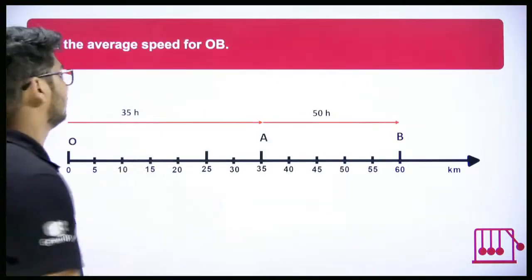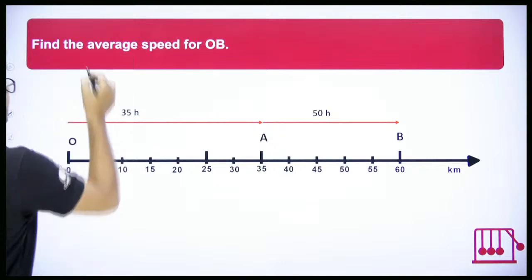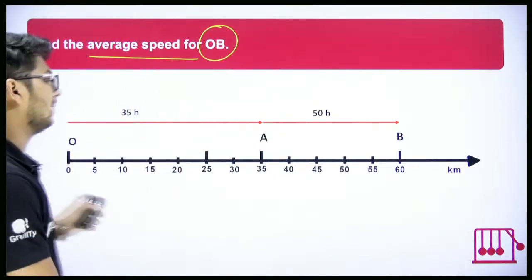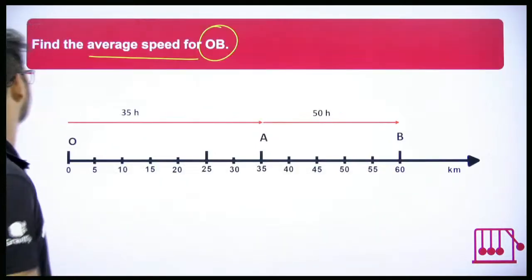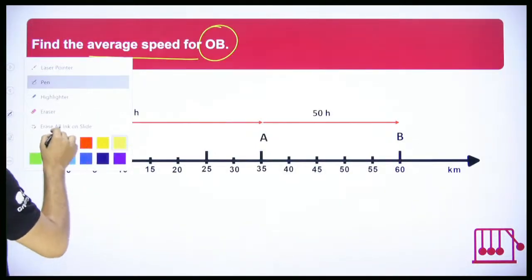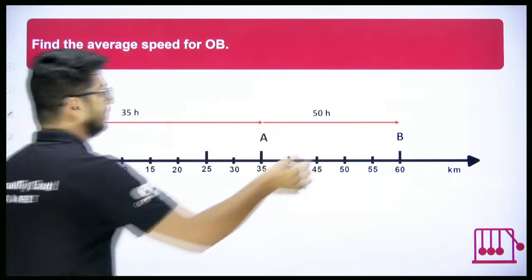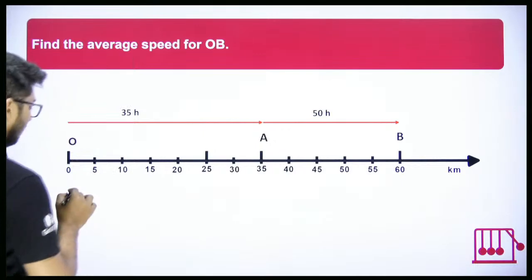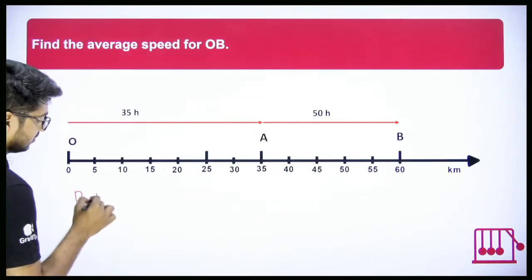So keeping this in mind, let's go into an example. In fact, the same example: find the average speed for OB. I told you, for the complete motion. So for the complete motion from O to B, what is the distance?